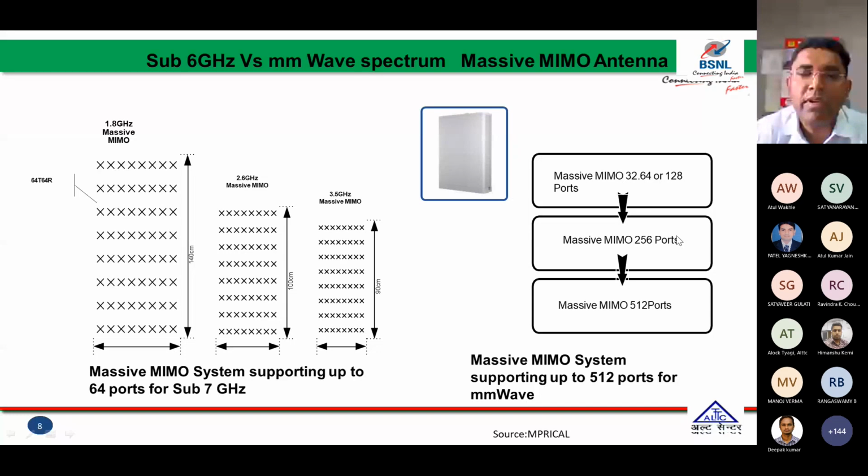And in 3GPP, if your antenna order is more than 16 cross 16, it is termed massive MIMO: 16 cross 16, or 32 cross 32, or 64 cross 64, or 128 cross 128, right, 256 and 512. These are the antenna port configurations for FR1 and FR2. Currently, that is used worldwide.